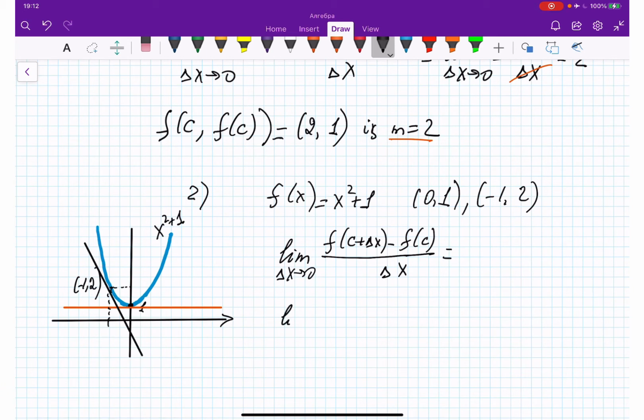it's going to be the limit as delta x approaches 0. Here I'm going to have c plus delta x squared plus 1. This is our f of x, right? Here it is. Okay.